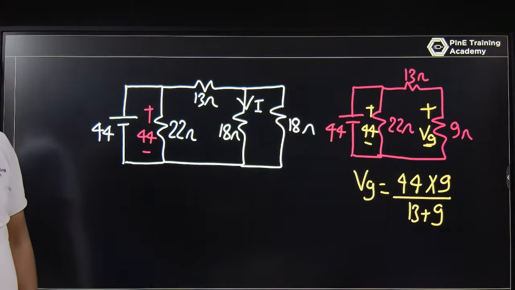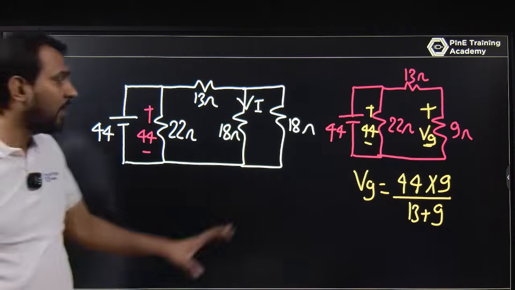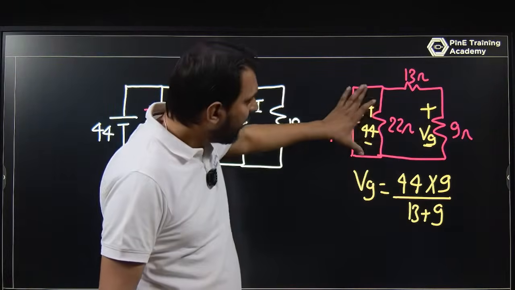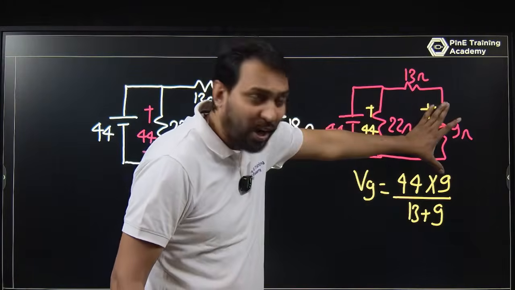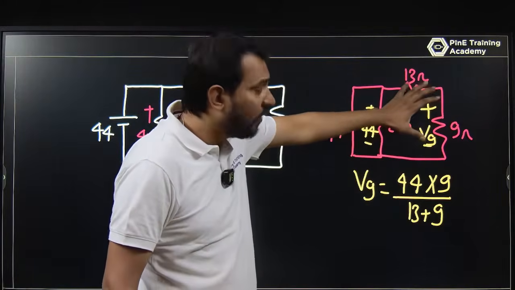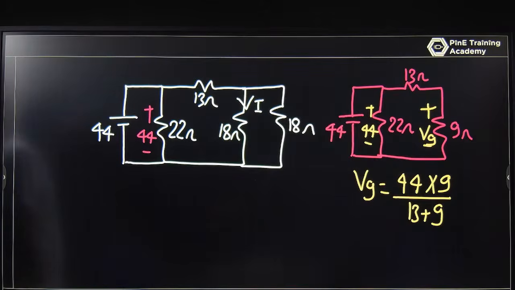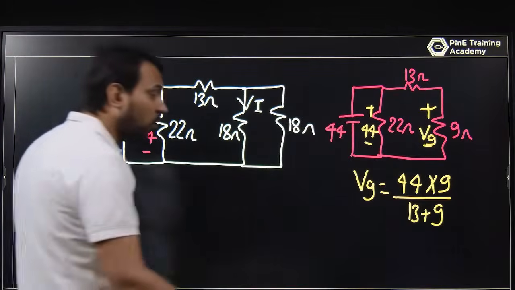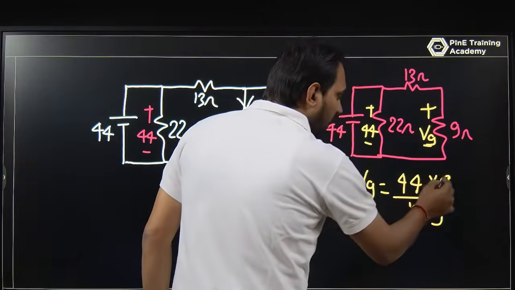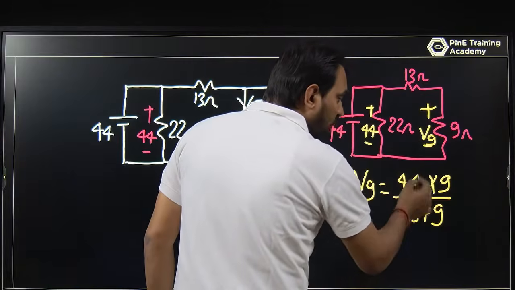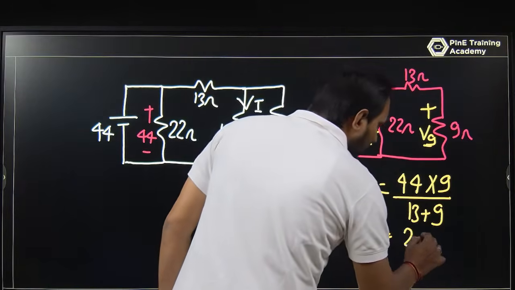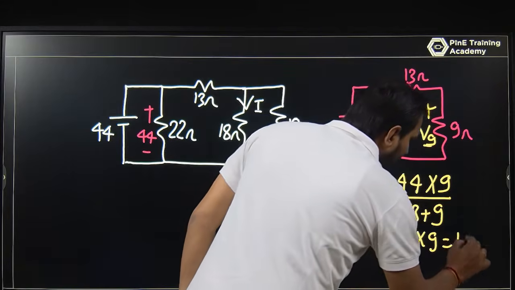If the current is the same for all the branches, you can use a potential divider. This 44 volt is across the 13 and 9 ohm, and the current will be the same, so you can use a potential divider. And what is that value? 44 into 9 upon 22, that is 2 into 9, that is 18 volt.